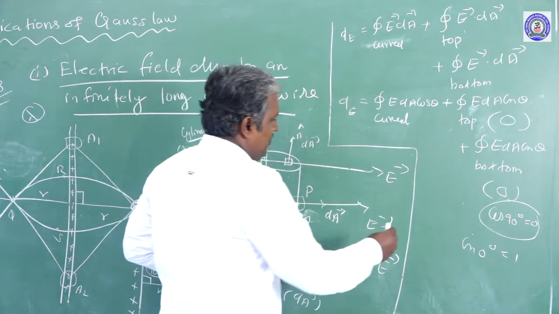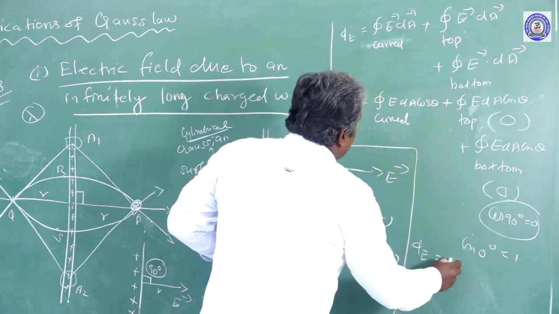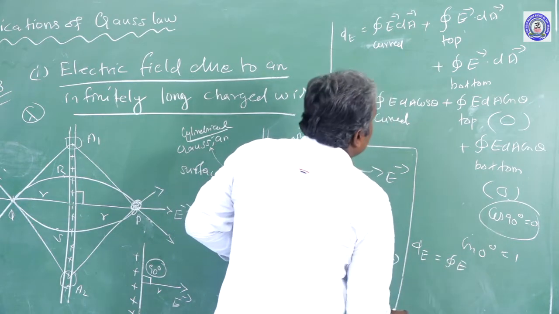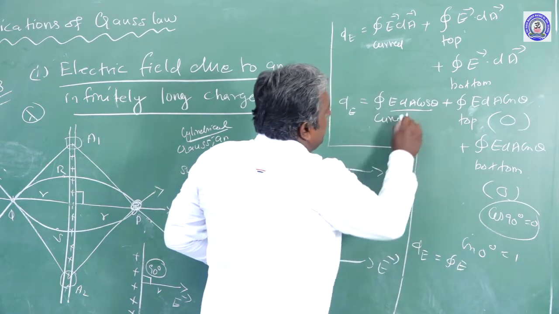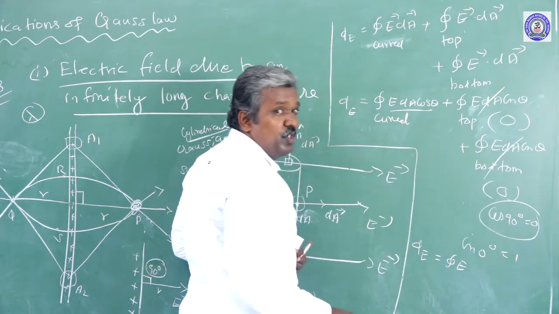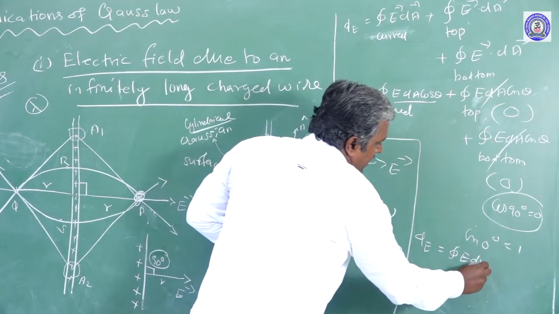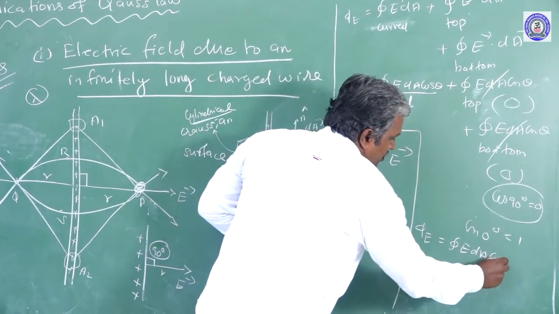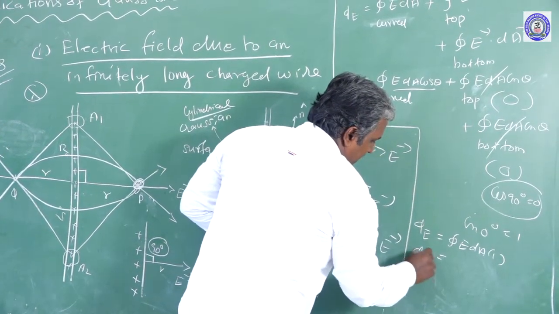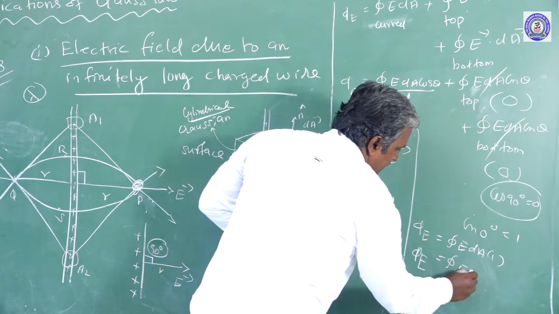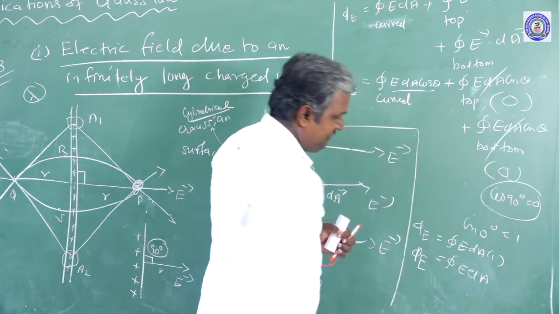So the flux is equal to the integral of E dot dA. The angle is 0, so cos 0 is 1. That means electric flux is the integral of E dA.